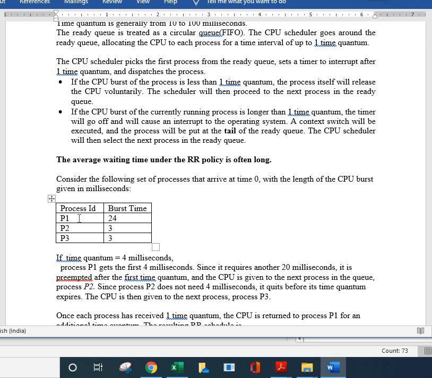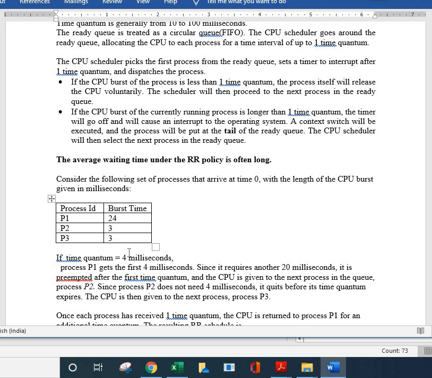P1 will get its chance to execute first, and then P2 and P3. The processes will be considered in the order of their entry into the ready queue. As I told you, the time quantum will be allocated, and P1 will be able to execute only until that time quantum elapses.